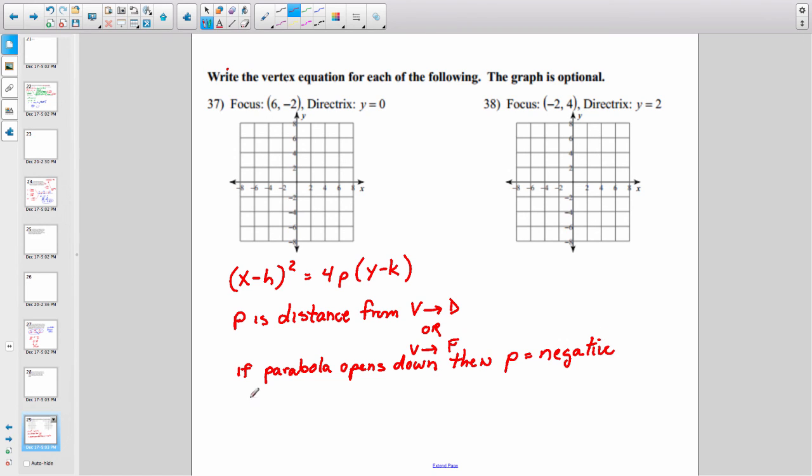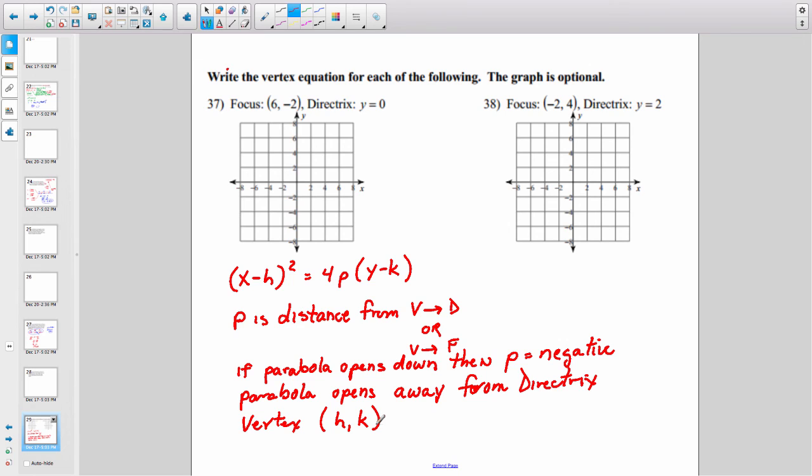Something else to remember, the parabola always opens away from the directrix. It's scared of the directrix. So with all that information, oh, and one more thing, sorry, your vertex in this scenario is going to be (h, k).